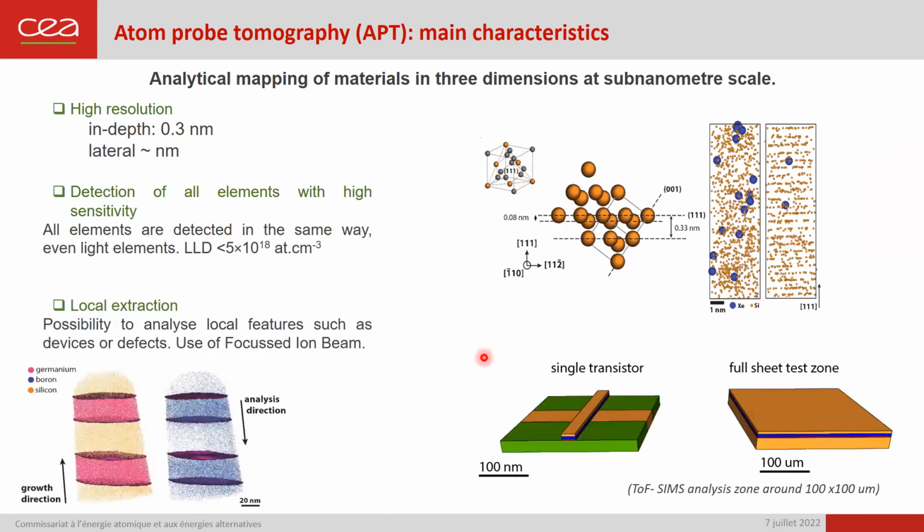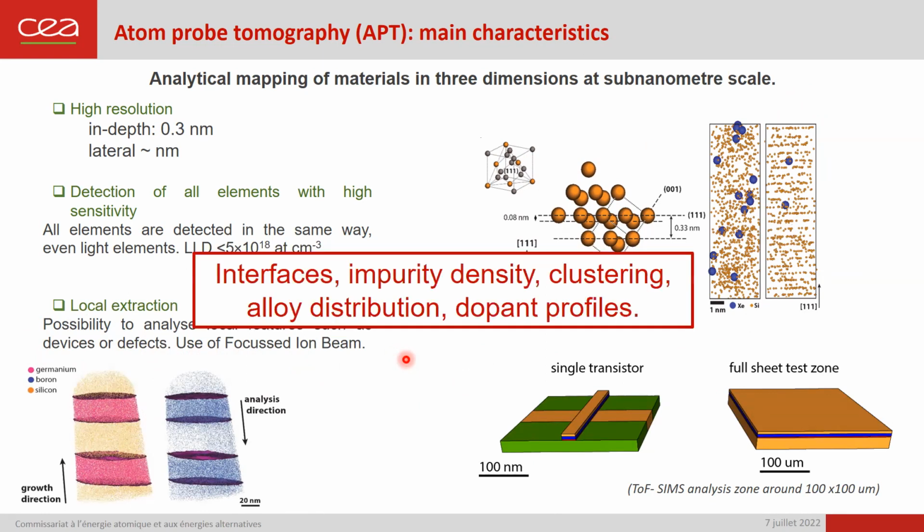It is also possible to analyze local features such as devices or defects using focused ion beam equipment for specific site area preparation. And all these specifications make APT very attractive for the investigation of interfaces, impurity density, clustering, local distributions, and obviously dopant profiling.